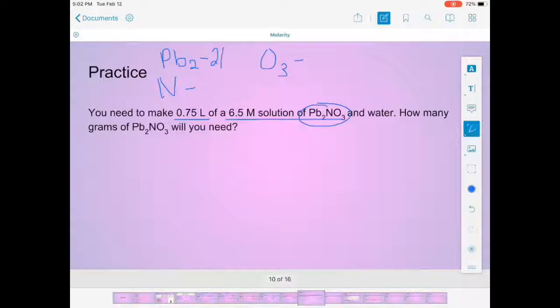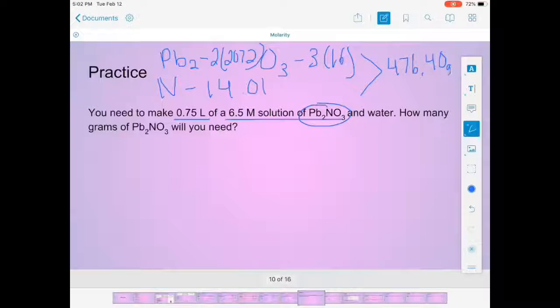You're going to have 2 times 207.2. You're going to have 3 times 16 roughly, and 114.01. If we add all of those up, we will get a molar mass of 476.40 grams per mole.